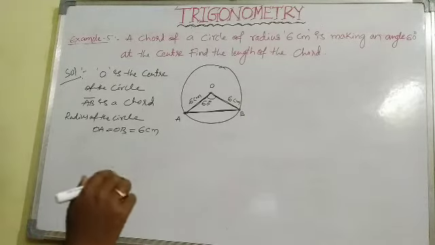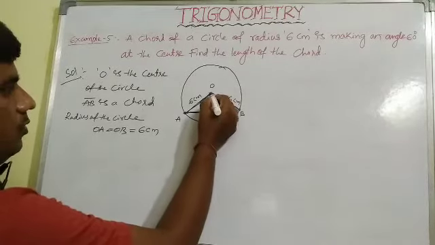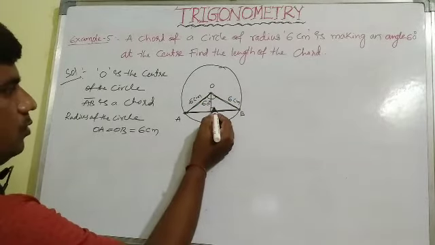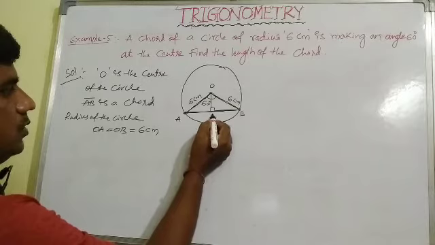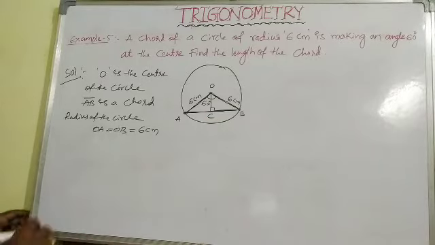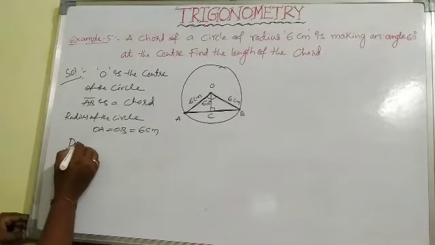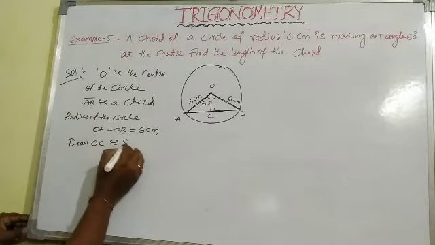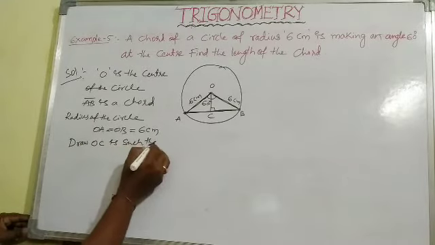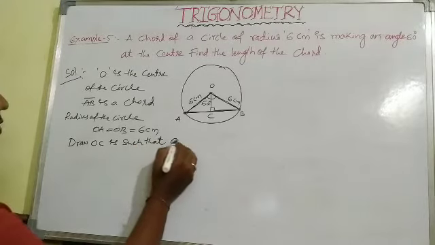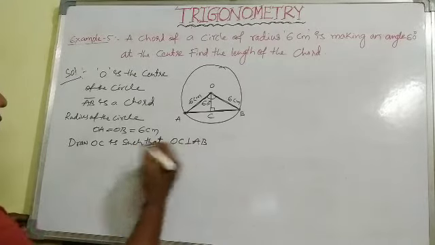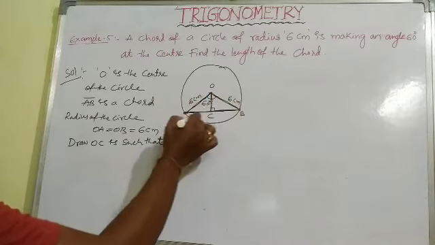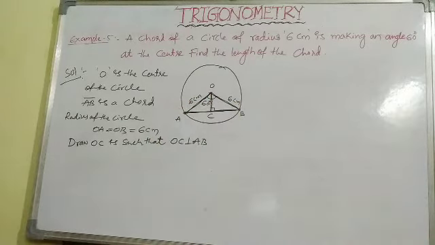So for this, we are drawing one perpendicular line to AB from O. Say for example this is OC, such that OC is perpendicular to AB. So here one perpendicular line we are drawing from O to AB, that is OC.